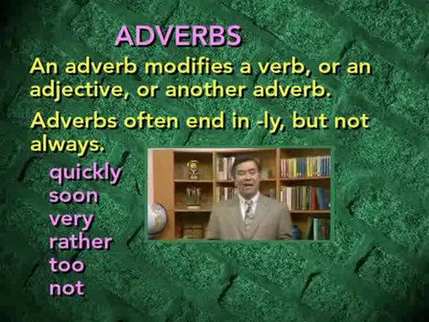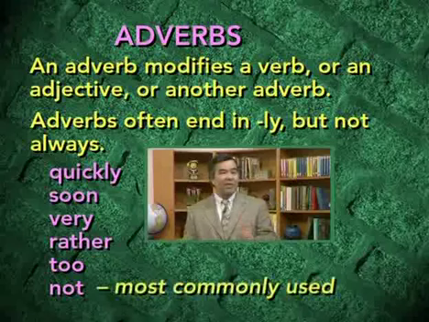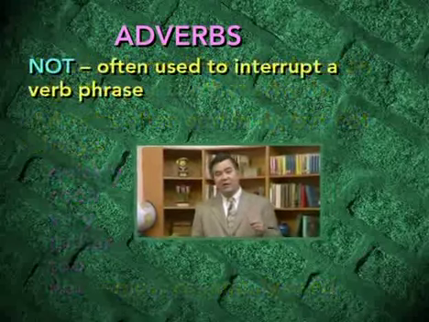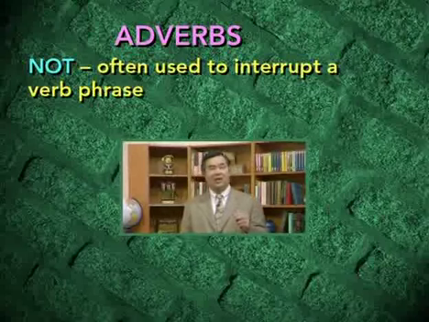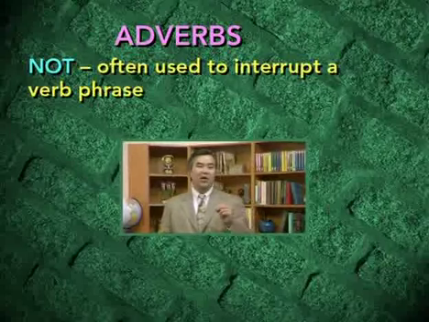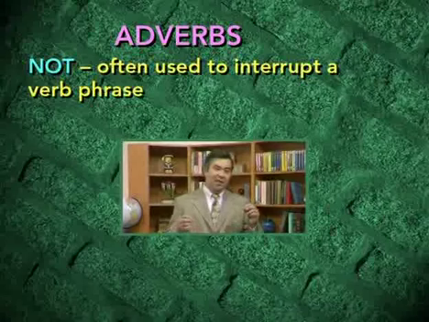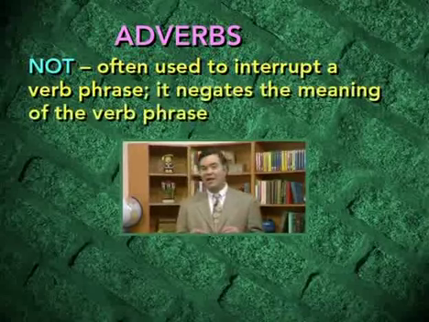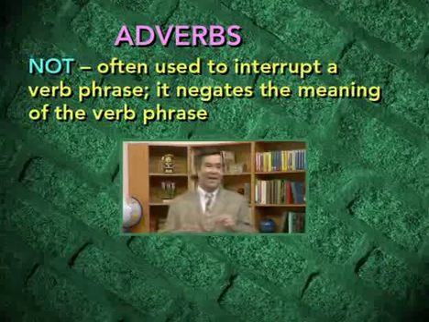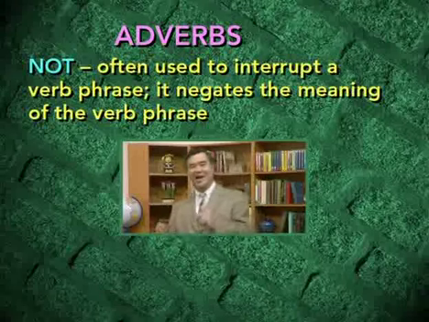That last example of an adverb, not, is one of the most commonly used. It often is used to interrupt a verb phrase. In other words, the word not is used in between words of a verb phrase, and when it's used in this way, it is negating the meaning of the verb phrase. It turns the verb from something that is happening into something that is not happening.